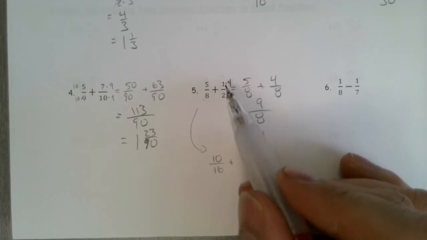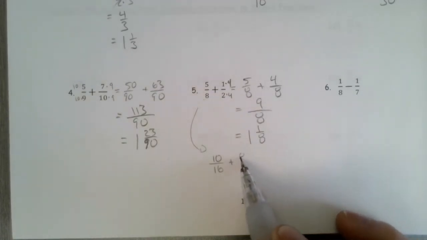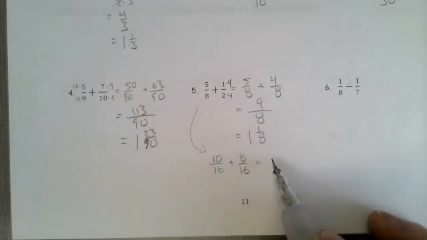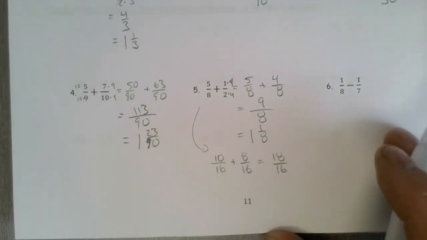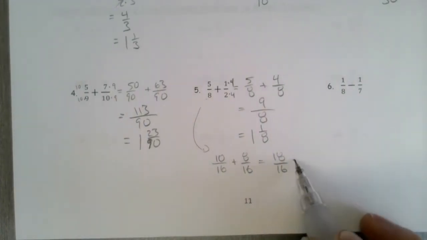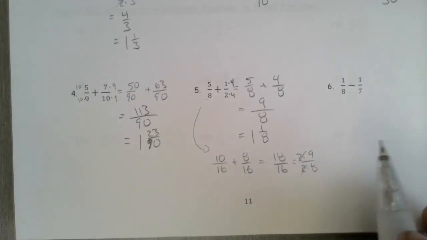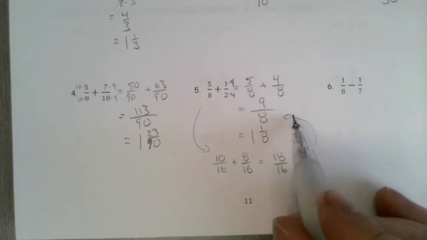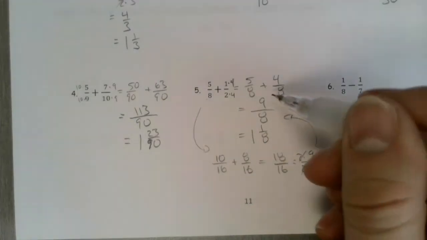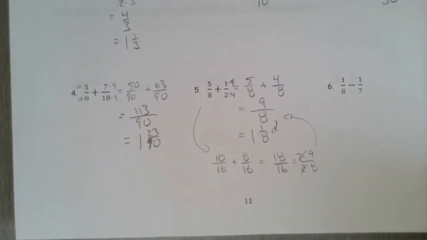And here I would multiply denominator and numerator by 8, so it would become 8 16ths, which is going to be 18 16ths. There's a common factor of 2 in both of those, so you cancel those out, and that takes us right back up here to this step, and then I wrote it as a mixed fraction. So yeah, I could, but it introduces a little bit more work.